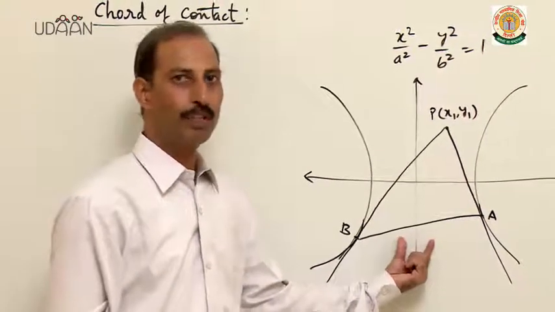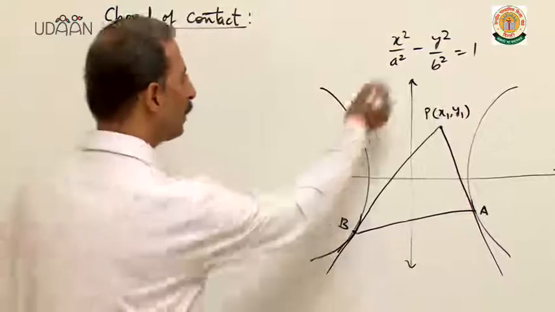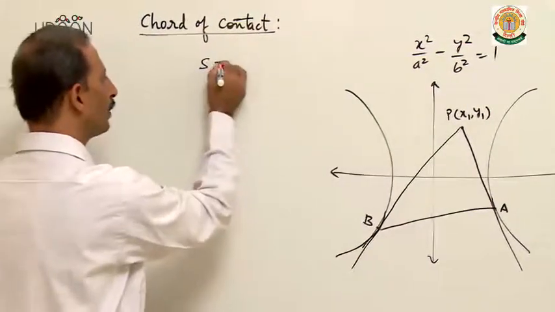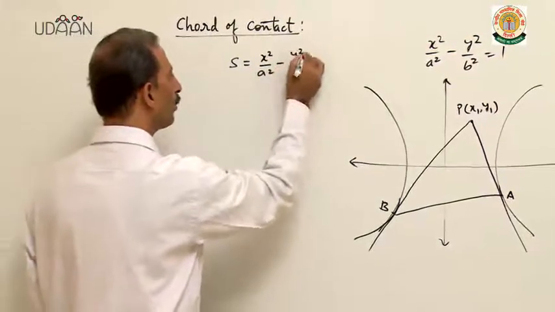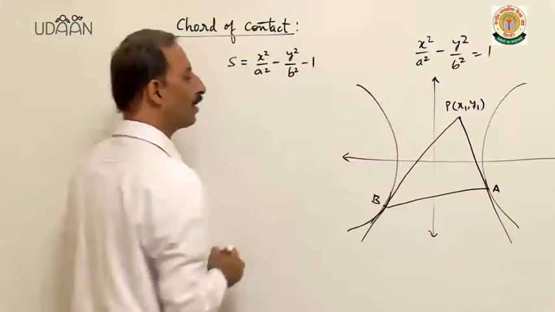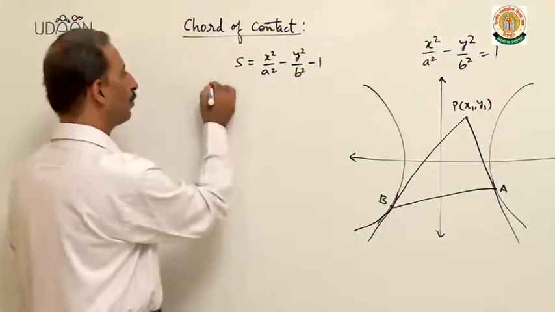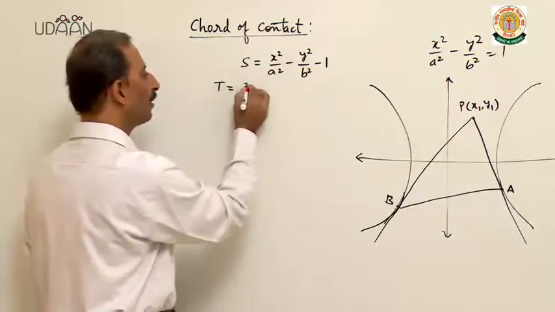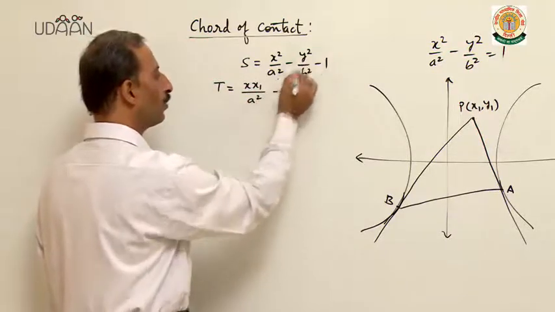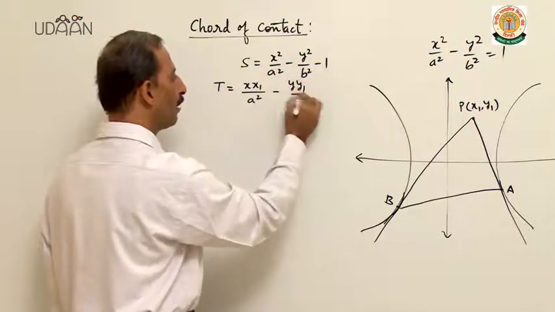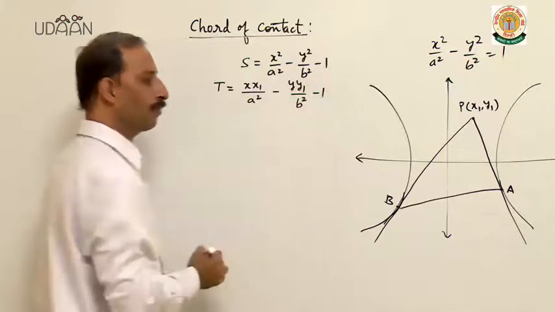So how will you get the equation of chord of contact? You know children, S represents x square upon a square minus y square upon b square minus 1, and T you will get when x square is replaced by x1 upon a square, y square is replaced by y1 upon b square, minus 1.